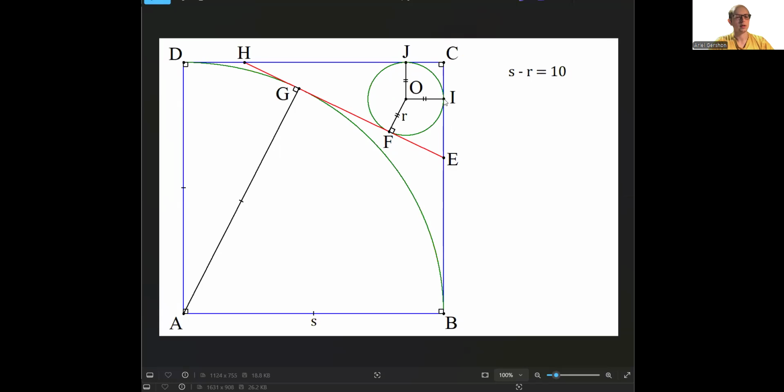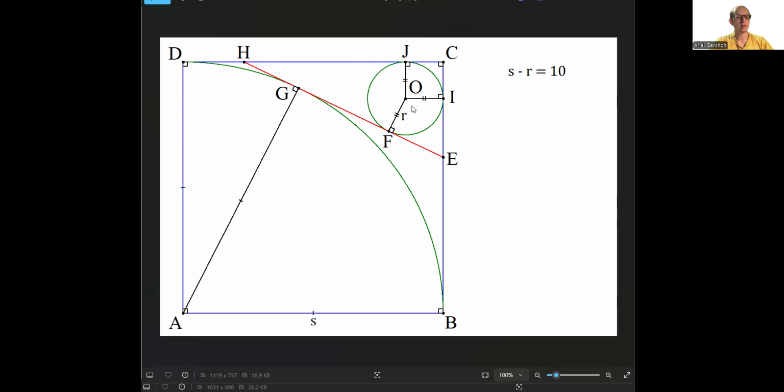And we label each of those, call them I and J. And then these two angles have to be 90 degrees. Why? Well, because each of these side lengths, BC and CD, are tangent to that circle.